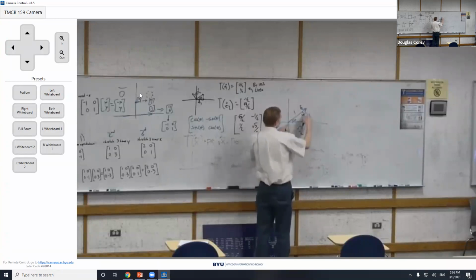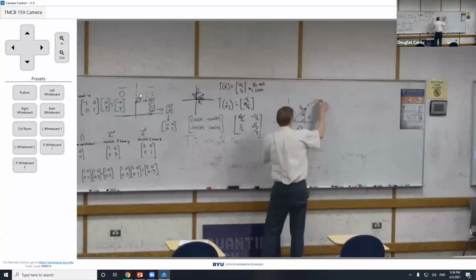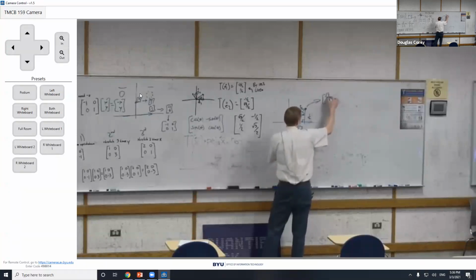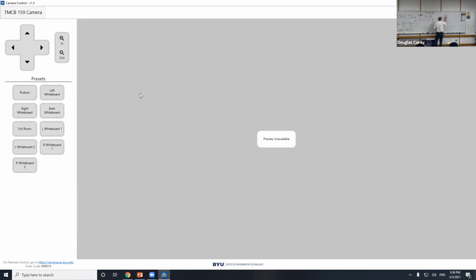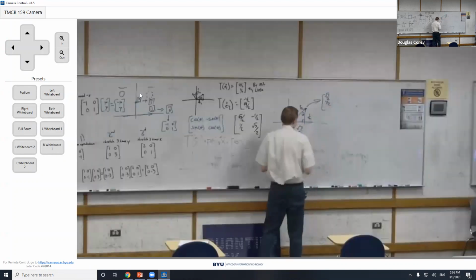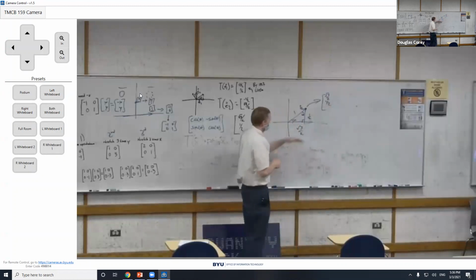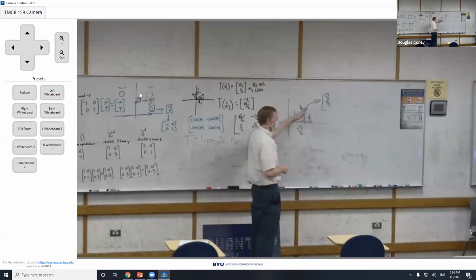So my new x coordinate is square root of 3 over 2, and my new y coordinate is 1/2. Okay, so that's for my first basis vector. 1, 0 goes to square root of 3 over 2, 1/2.